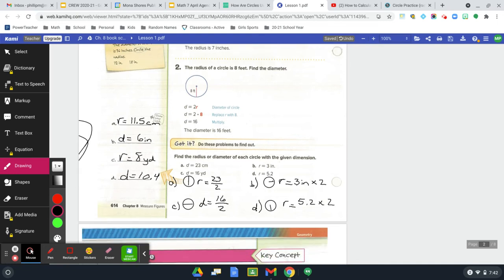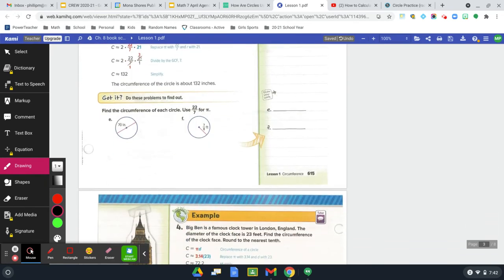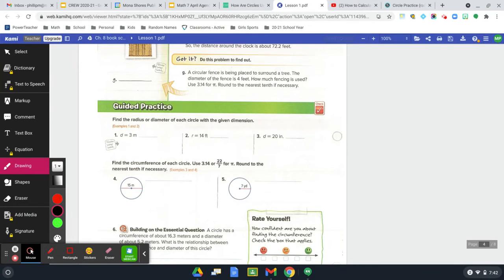All right, so I'm going to have you try a couple. Let's go to guided practice, and you're going to look on page 616 and just do 1, 2, and 3. You're either going to find the radius or the diameter given the dimensions.